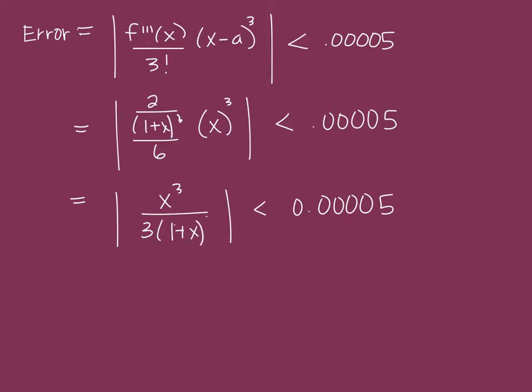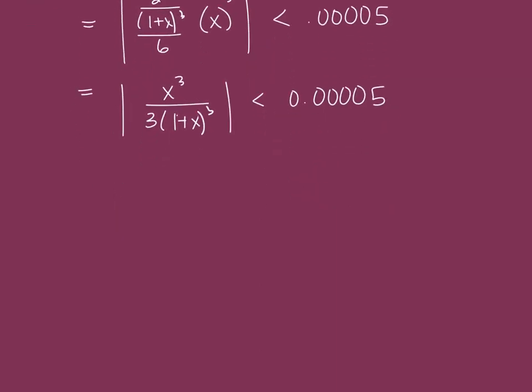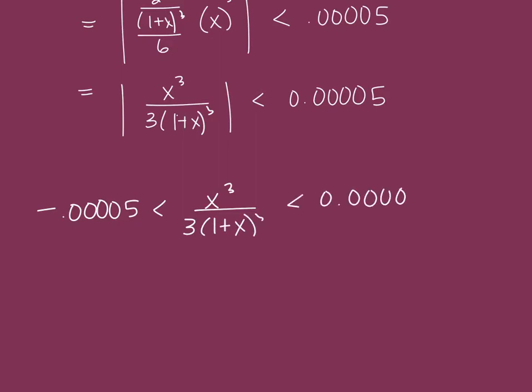Okay, we're going to use our calculator to solve that. If you take the absolute value bars away, you have negative 0.00005 is less than x cubed over 3 times (1 plus x) quantity cubed, and that's less than 0.00005.